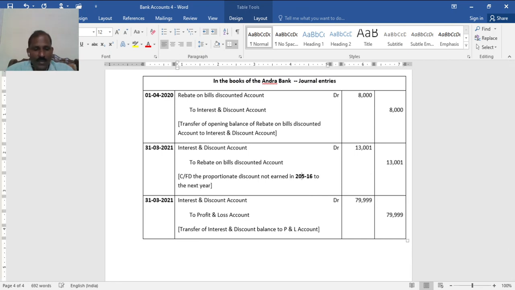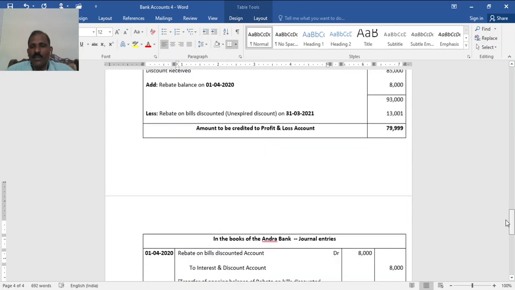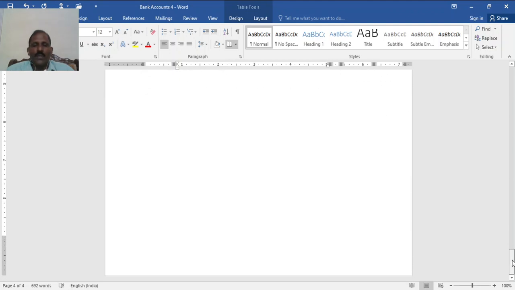Corrections required. To be carried forward, interest and discount account debited to profit and loss account. The amount you see is 79,999. This is all about this problem as well as about this session.